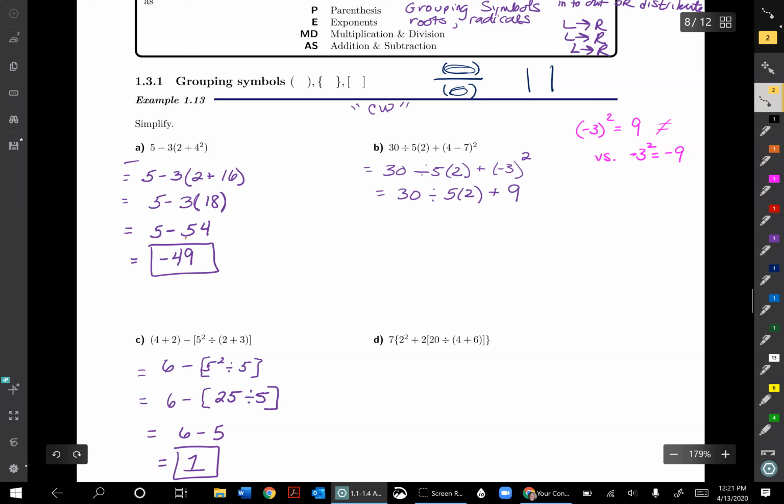So within the hierarchy of divide and multiply, we want to work left to right. So we're going to do 30 divided by 5 first, and we'll get 6. Then we're going to multiply by 2, and then add the 9. So we would have 6 times 2 in the next line, which would be 12 plus 9. Finally, we get 21.